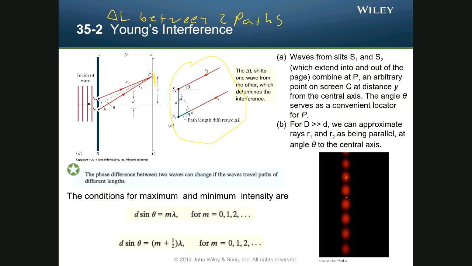And essentially what we do with this game is we make this triangle right here, and we have d. And we can look at this as the path length difference, delta L. And so delta L will equal R2 minus R1.